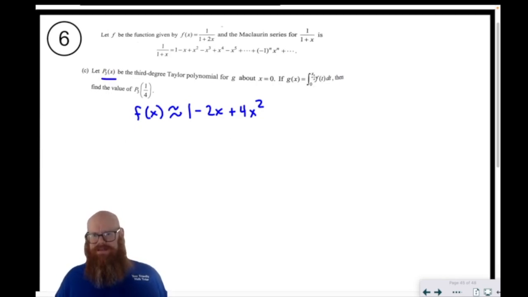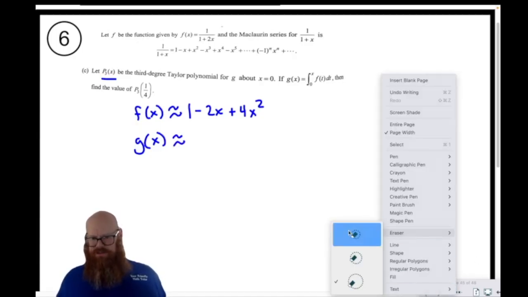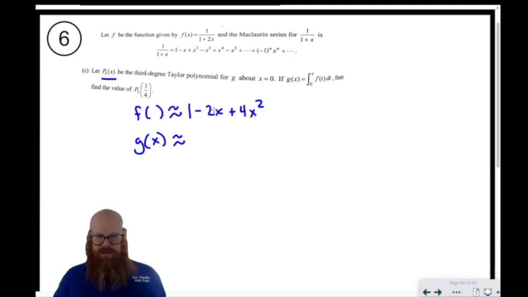And g of x is the integral of this. And I guess technically, if they want f of t, let me make this mathematically correct. These should be t's.